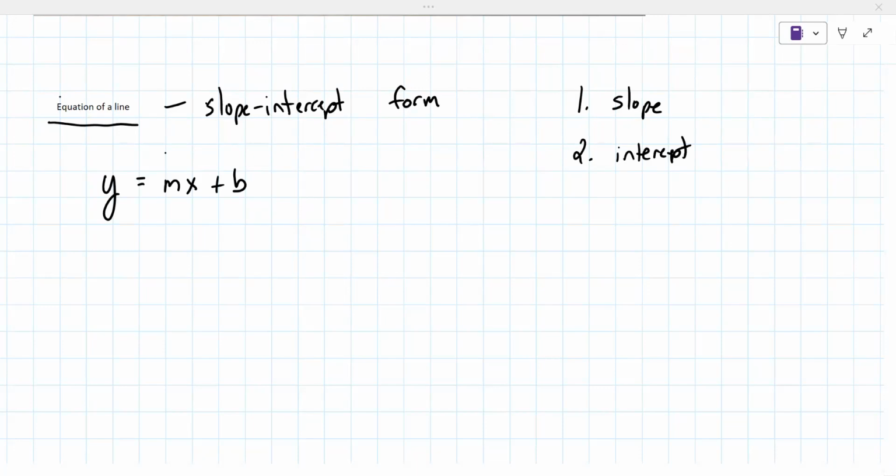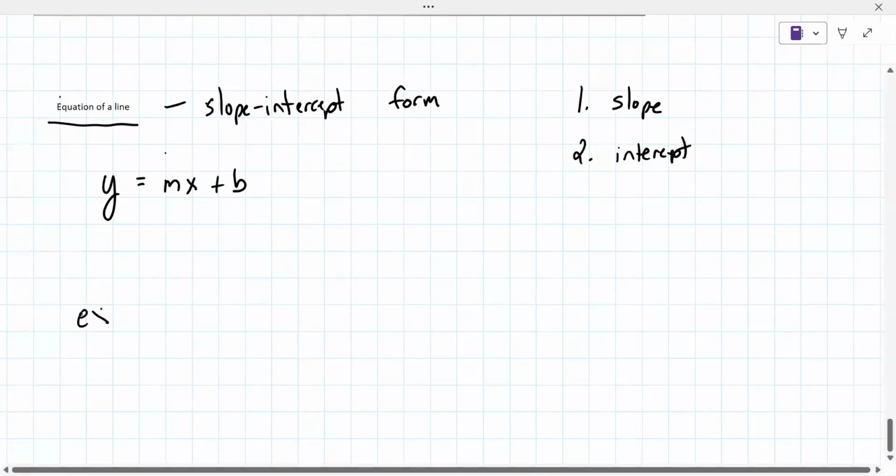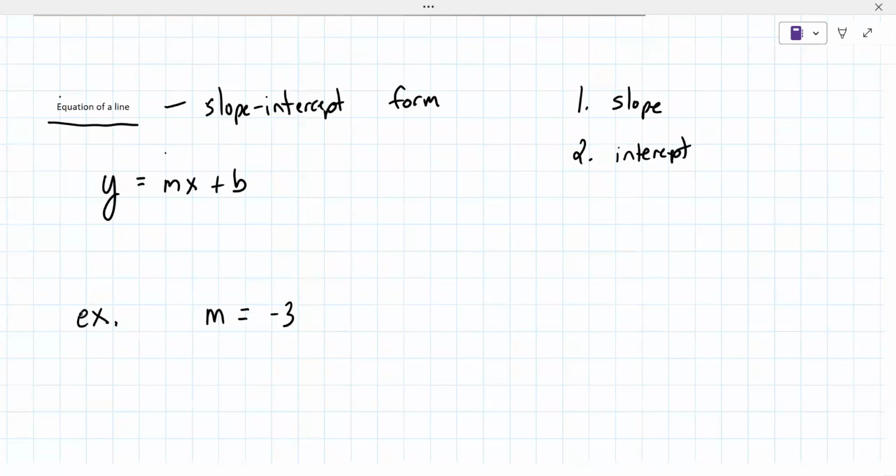I'm looking for a problem here so I don't have to write out all the words, but it doesn't look like I will be able to. So we're going to do an example. I'm going to tell you that the slope is -3 and the point is (0, 4).